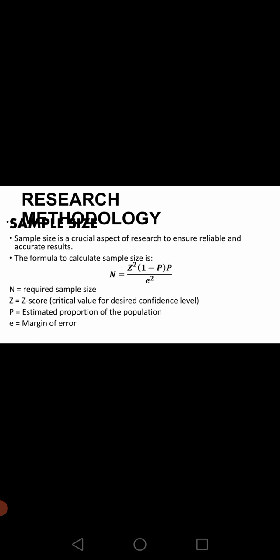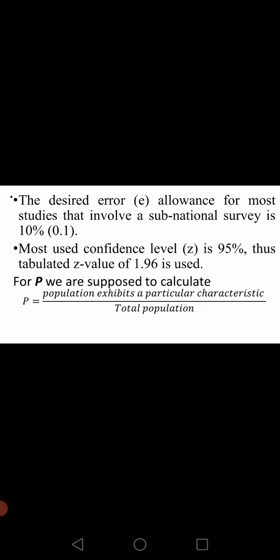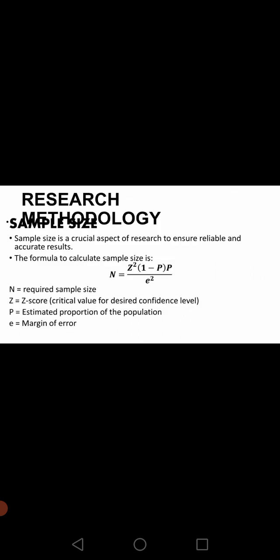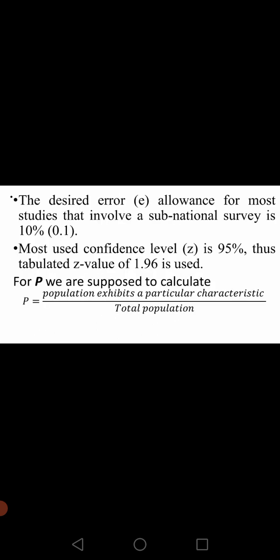So I hope that this is just a statistical formula and most of you are familiar with it. So let's talk about these elements in the formula: n, Z, E, and P. The desired error, which is E, for most studies that involve a survey, is 10%, which means that you don't need to think where to get the number.